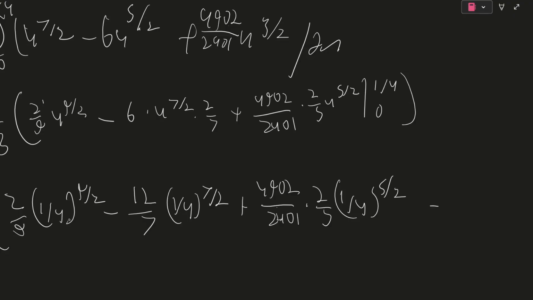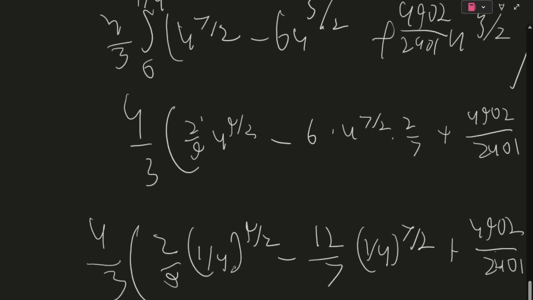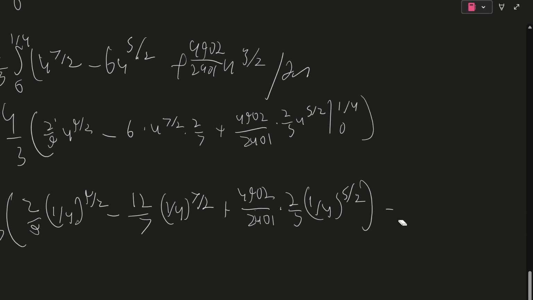And then minus, actually 0 is going to eliminate all of our terms because all of our terms have a u in it, and whenever we plug in 0 for u in any of the terms, it's just going to equal 0, which turns into 0 multiplied by a constant. So we don't have any last half terms.